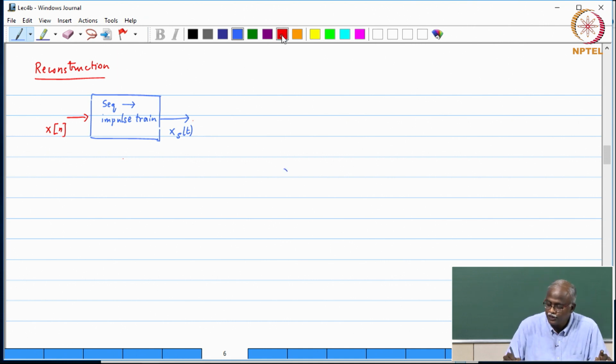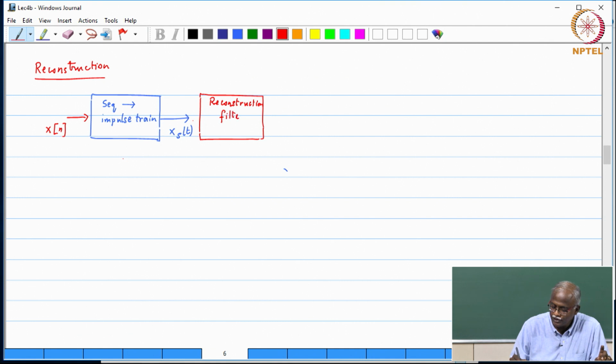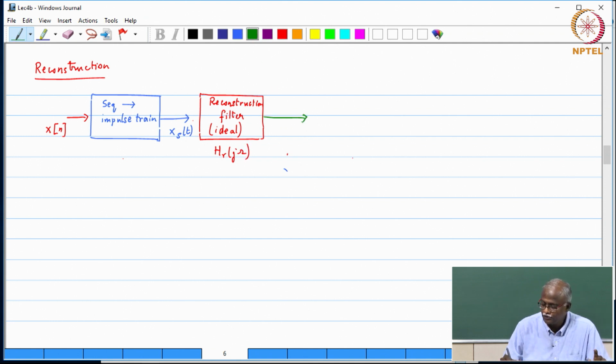Then this will be reconstructed by removing the unwanted portions of the spectrum. So this is going to be the reconstruction filter, and for the moment we are going to assume that it is ideal. We will remove the ideal assumptions very shortly, but for now we will assume that this has a spectrum HR of j omega, and then based on that we produce an output which is the reconstructed time domain signal.